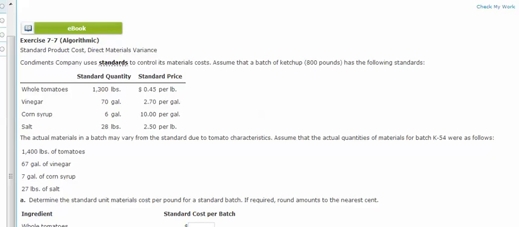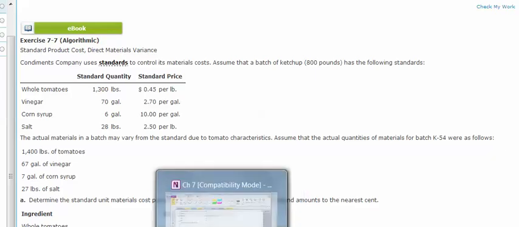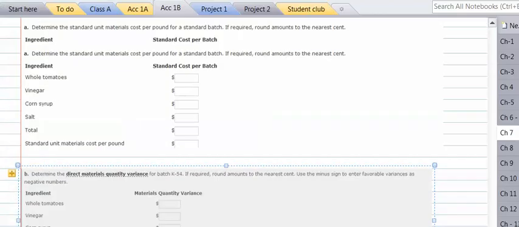So we're going to have to figure out what the standard cost is per batch. So the standard cost per batch would be, for 800 pounds, 1,300 times 45. So let's go ahead and we'll go over here to my calculation sheet.